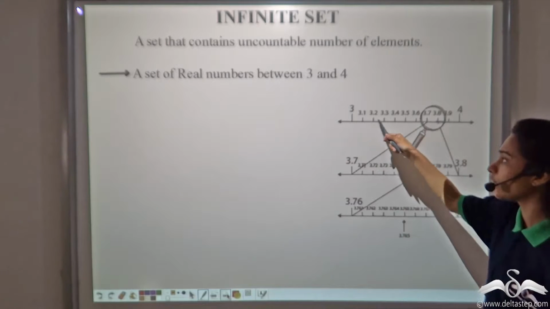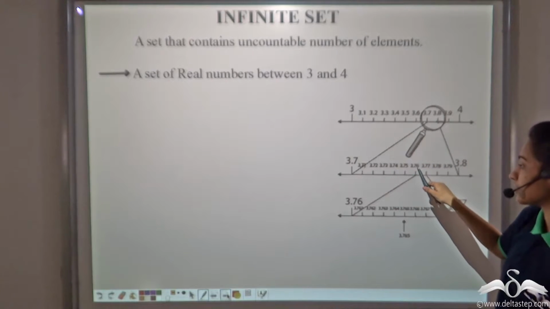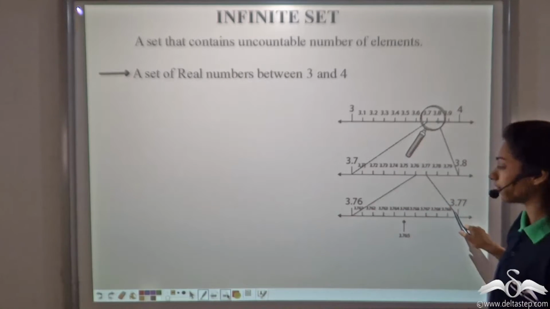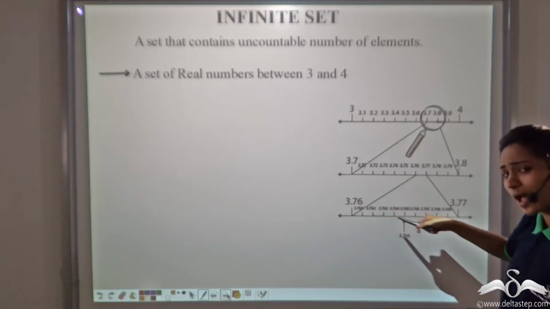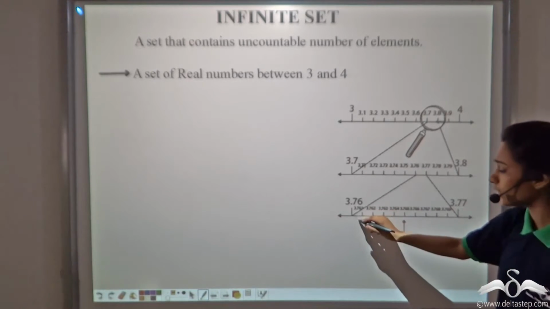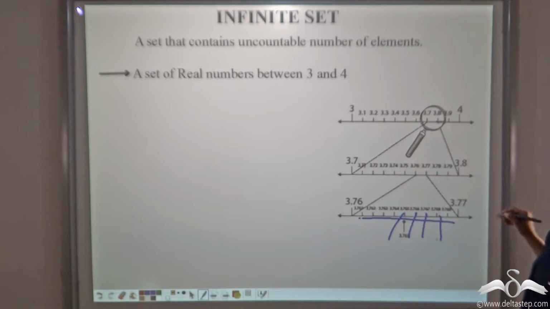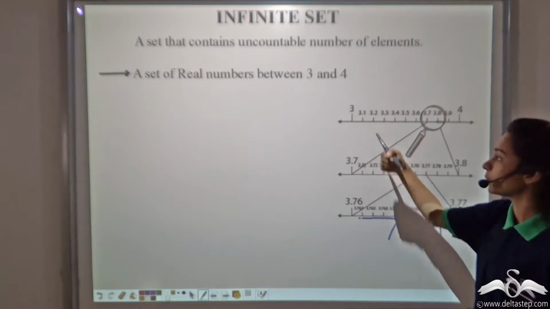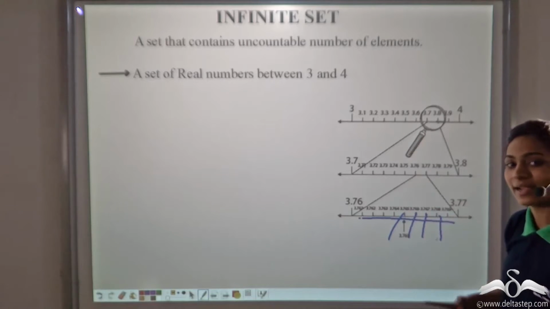Now, 3.76 and 3.77 could be divided into more decimals such as 3.761, 3.762 and so on. In this manner, you will be able to divide any such numbers into more decimal numbers. So, this will never end. So, a set of real numbers between 3 and 4 will never end. And so, it is an infinite set.